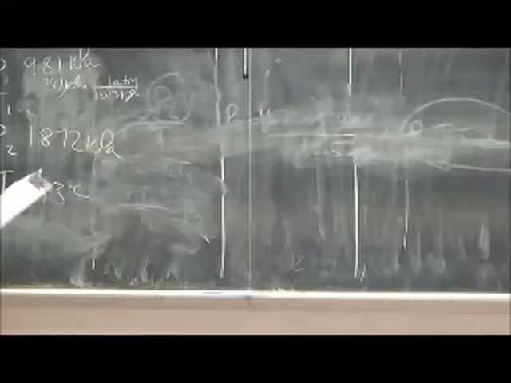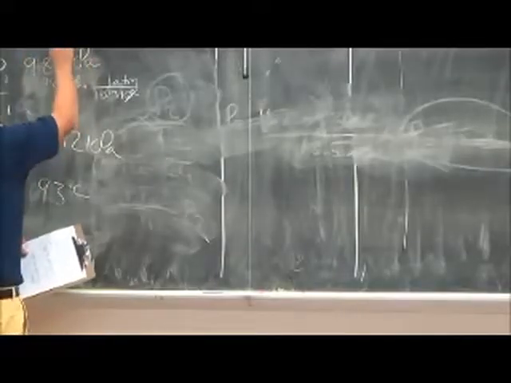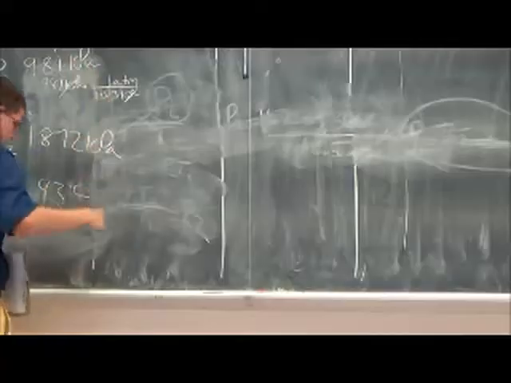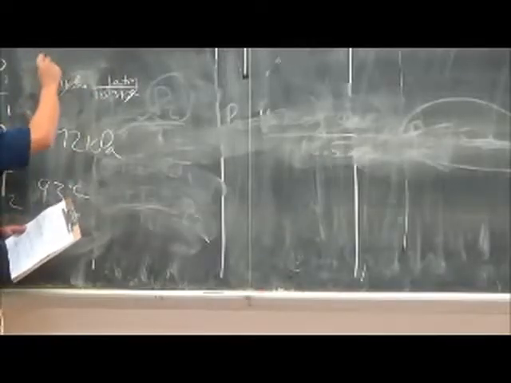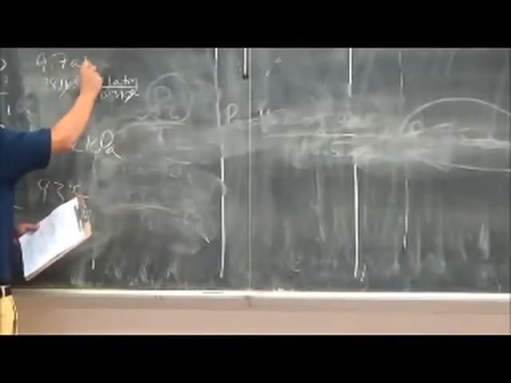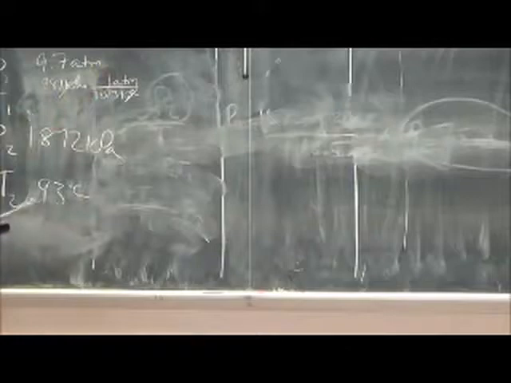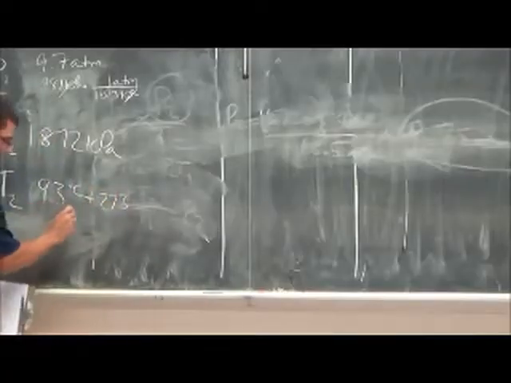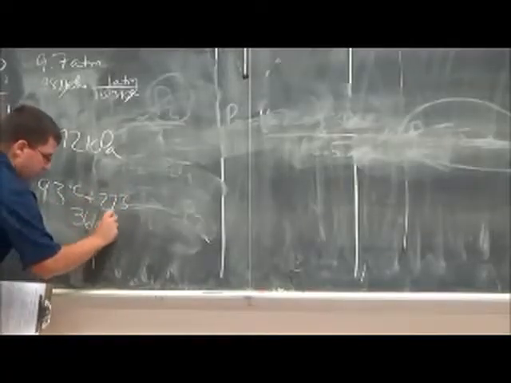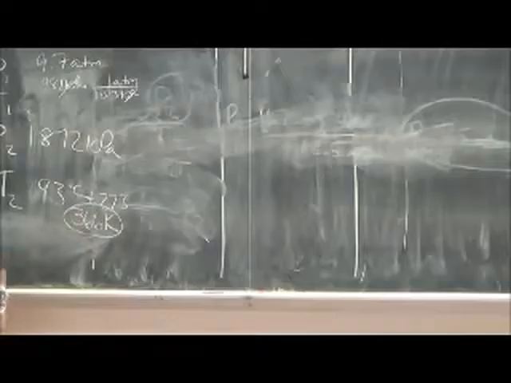Your answer should be approximately 9.7 atmospheres. That's what I'm looking at here. 9.7 atmospheres after doing that conversion. Okay? This temperature down here, we add 273. We get 366 Kelvin. Okay, so we're going to use that as our T2.